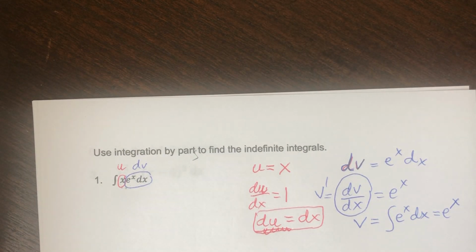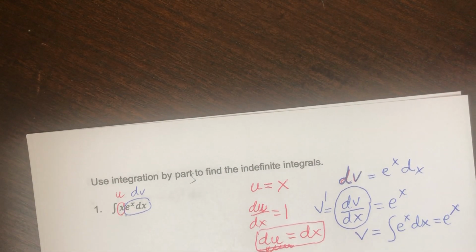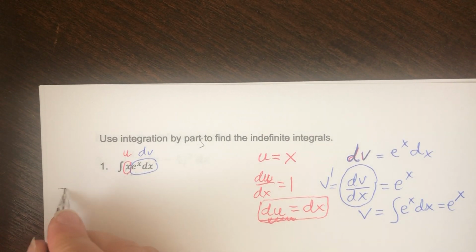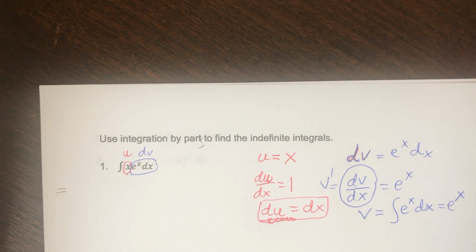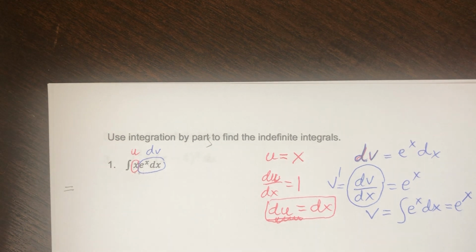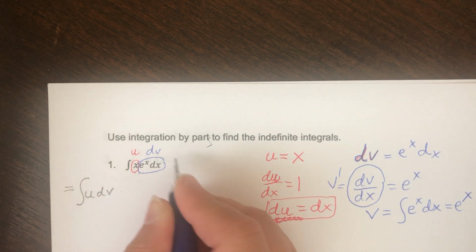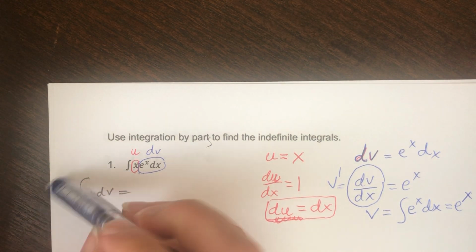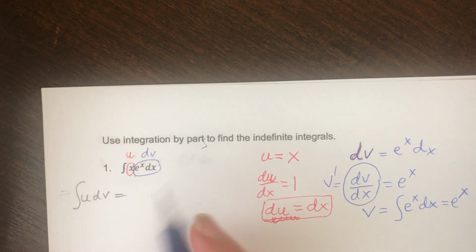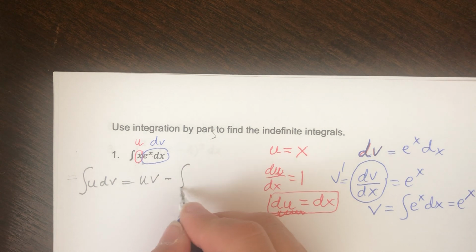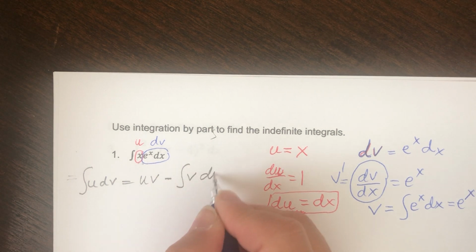So I'm going to write the formula for you one more time, just so we can follow it. What was the integration by parts formula that we had on the previous page? It said we had the integral of u dv, which is what we have, is going to equal your functions uv minus, swap them, v du.